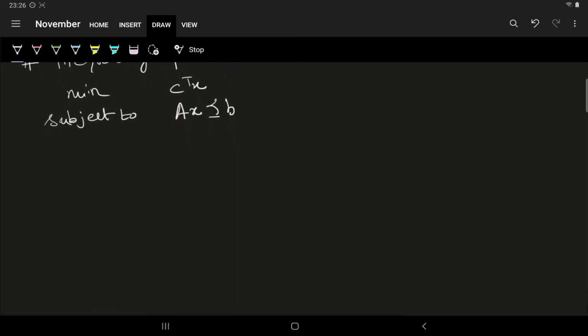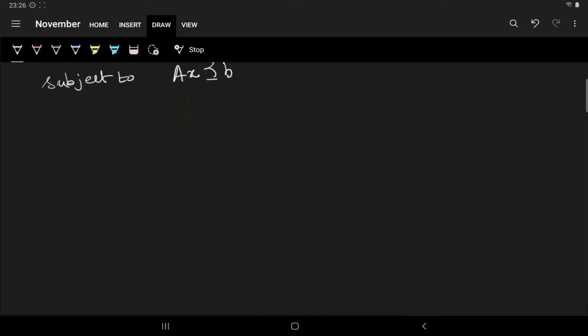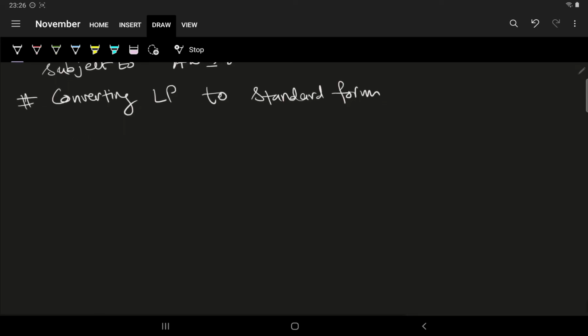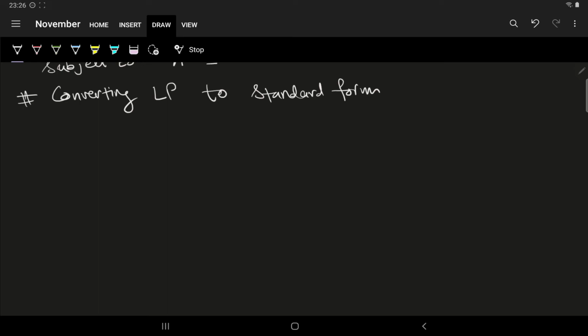Then we see converting linear programs to standard form. We do it similar to how we used to do it in optimization and convex optimization problems, by introducing slack variables.